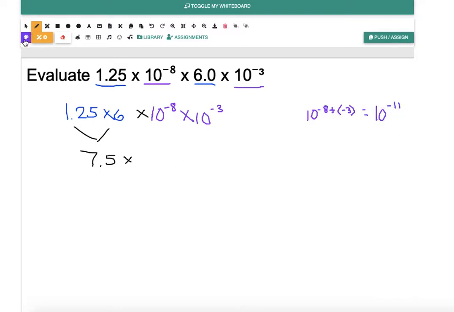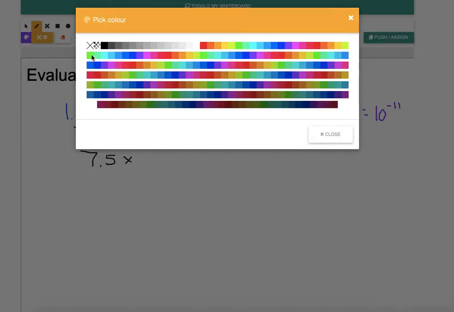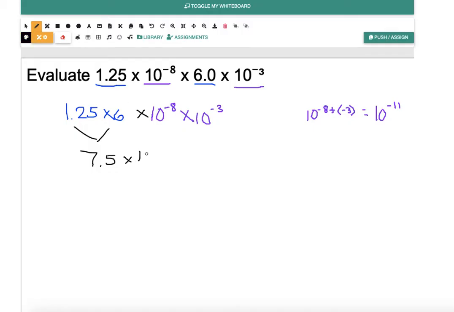So that's actually going to be my new power of 10. 10 to the negative 11. And whatever two exponents you have, you add them, and you could use a calculator if you need. That's absolutely fine. So this is the answer written in scientific notation, and what you end up with is this.